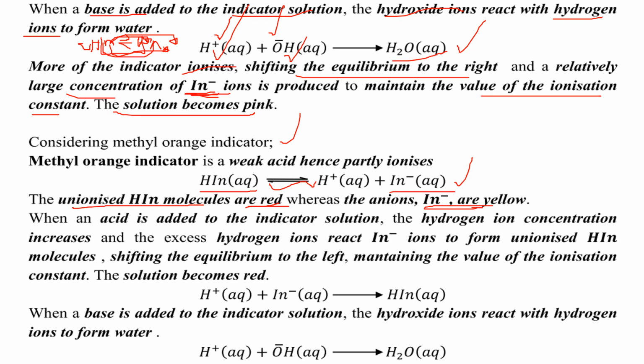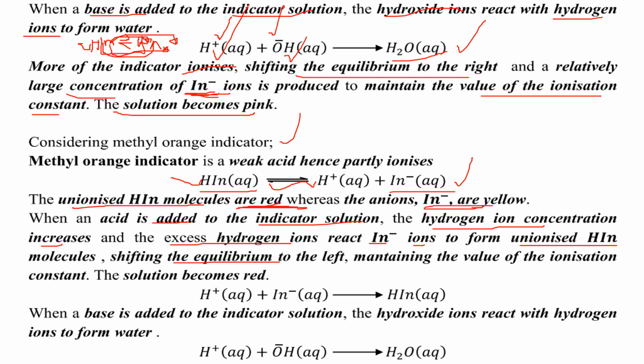Now when an acid is added to the indicator solution, the hydrogen ion concentration is going to increase, and therefore the excess hydrogen ions are going to react with In- ions to form back the unionized HIn molecules. In this case, that means that HIn molecules are going to exist in excess, and when they exist in excess, our solution is going to be predominantly red, and that's how these indicators work.